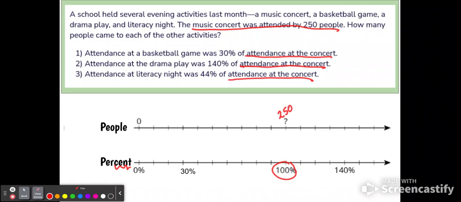Now that I know that, I'm going to use that information to help me scale either down or up to different percentages. First one up, attendance at the basketball game was 30%. Reminds me of a problem that we had in our previous lesson, where we also had to scale from 30 to 100. Do you remember if that was possible?